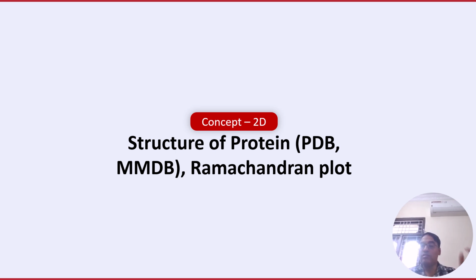That is, what is the structure of protein, like different macromolecules, giving rise to the Protein Data Bank (PDB), the Macromolecular Database (MMDB). Okay, and what is the need of the Ramachandran plot? Understand that proteins or macromolecular structures are more important for us rather than the sequences.